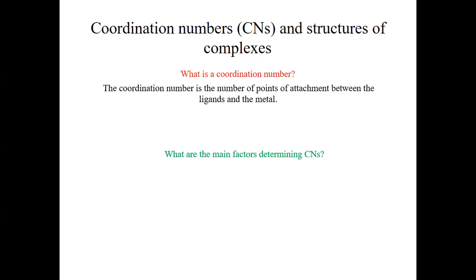Is it the stability of the central metal ion? I remember some rules called the 18 electron rule or something about the stability. That's right. The 18 electron rule, and we will discuss this later, determines the stability of a coordination compound.